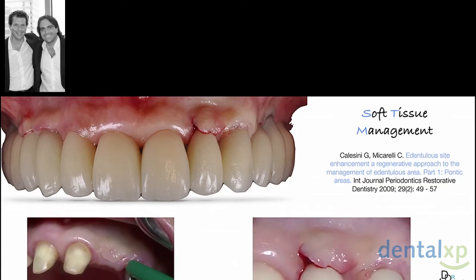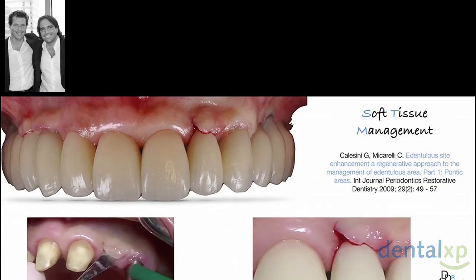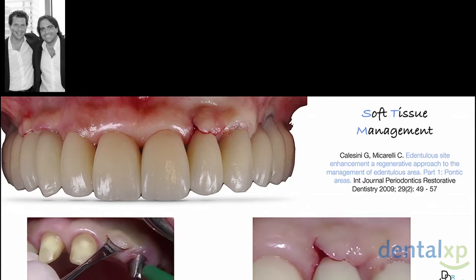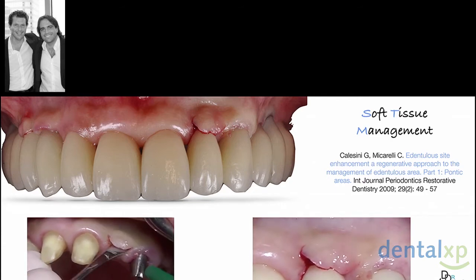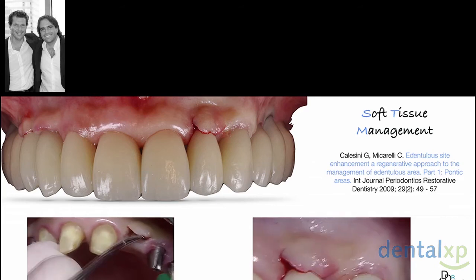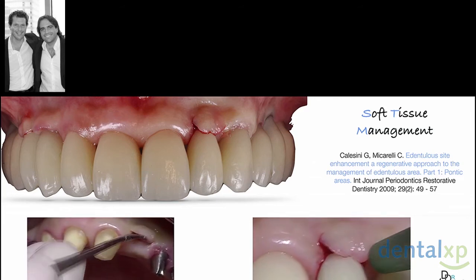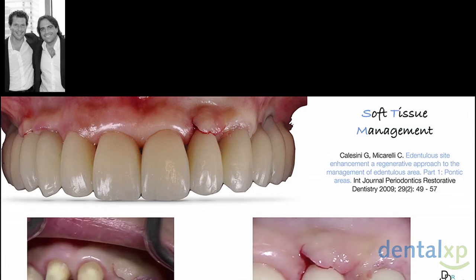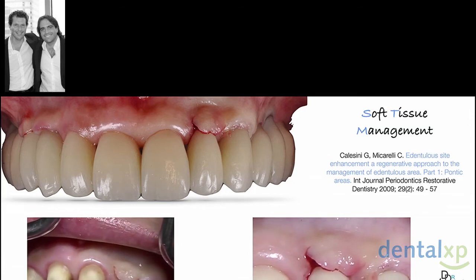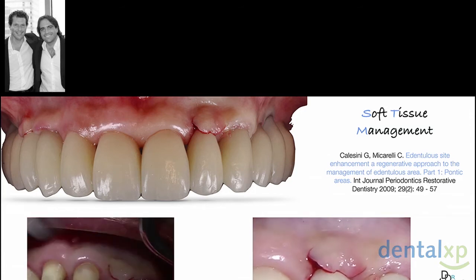Here it was decided to push more buccally the soft tissue aspect of the left upper lateral pontic site, utilizing the ESE technique published by the Calesini group, an Italian team group, in 2009.